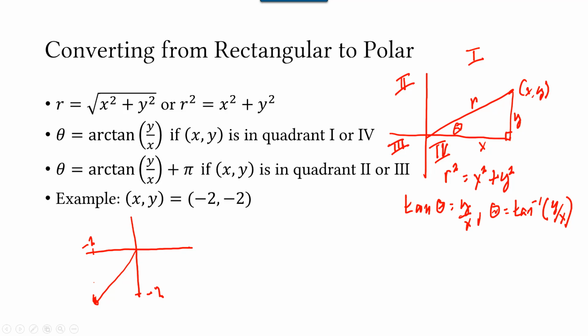Now the radius, or r in this case, would be the square root of minus 2 squared plus minus 2 squared. So that's going to be the square root of 4 plus 4, which is 8, or 2 root 2.